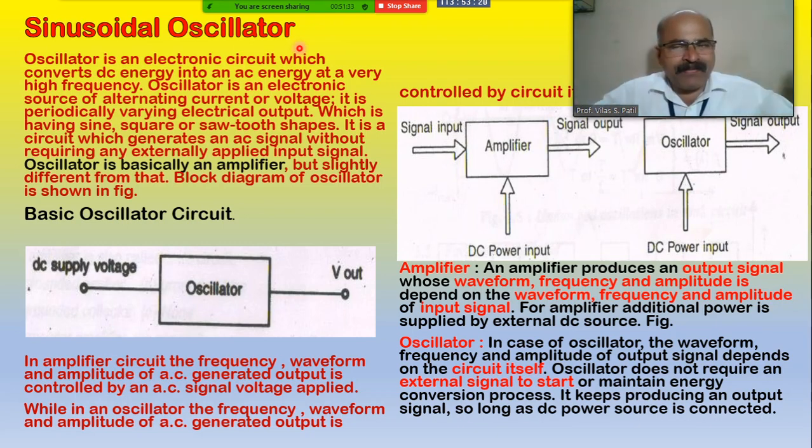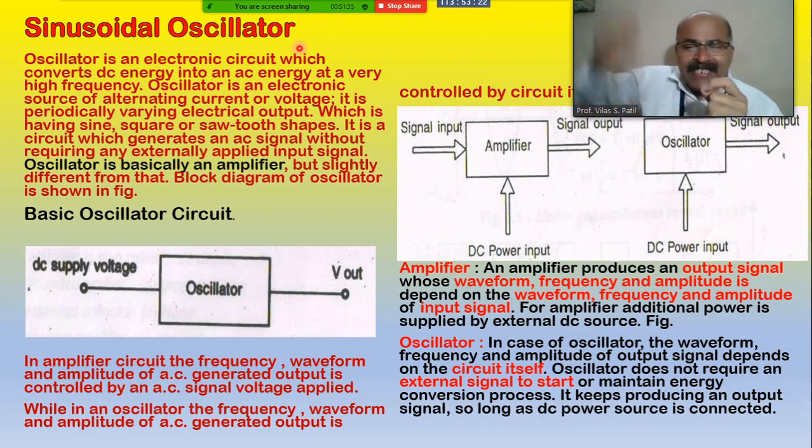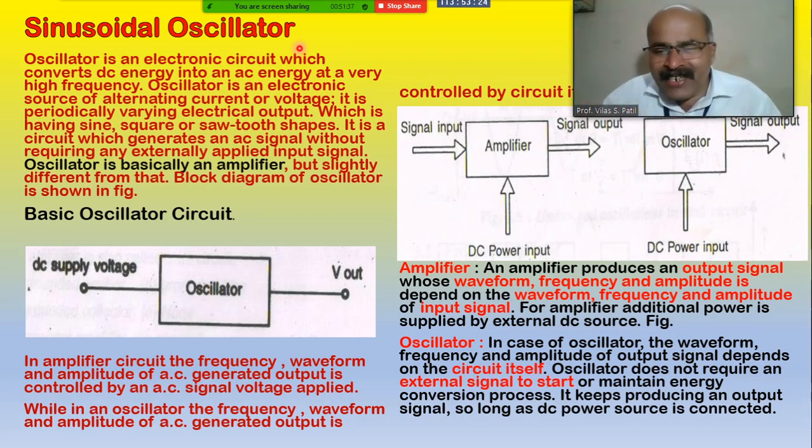It is not changing, means its amplitude is constant. It is the sine wave whose amplitude is constant, whose frequency is constant. That wave is known as a sinusoidal wave.